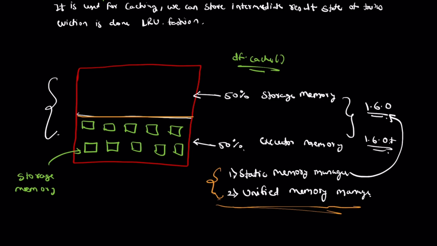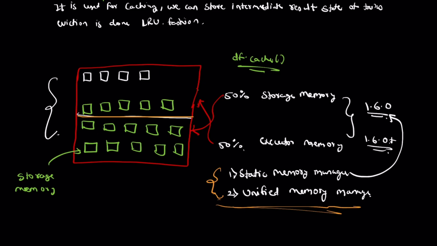And once the storage memory is full, it would be utilizing the space of executor memory. This is our storage memory, and this is our executor memory. Now, let's say we are doing a join, and that would be happening in the executor memory.